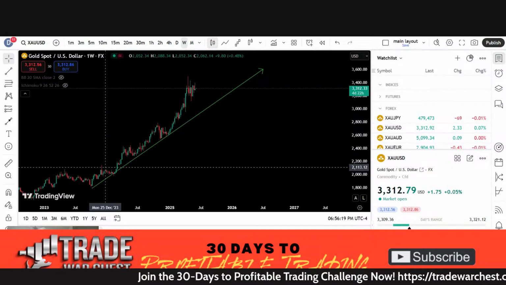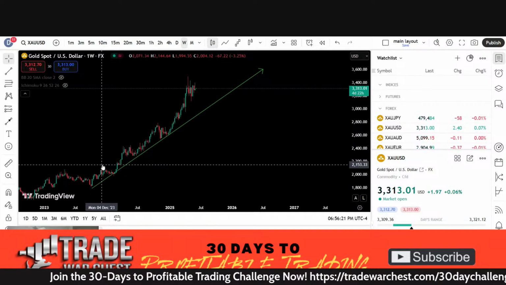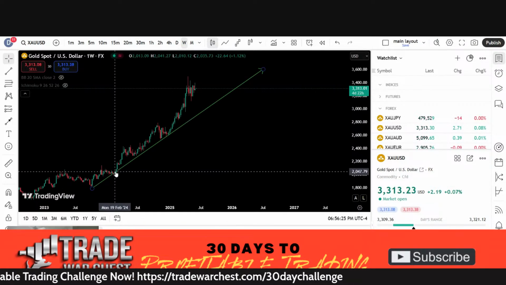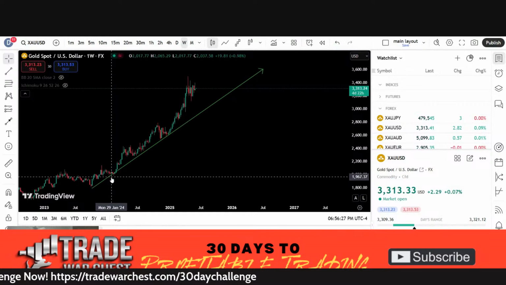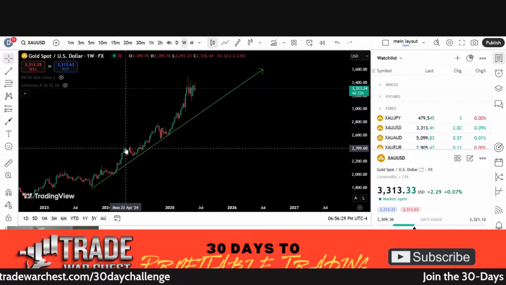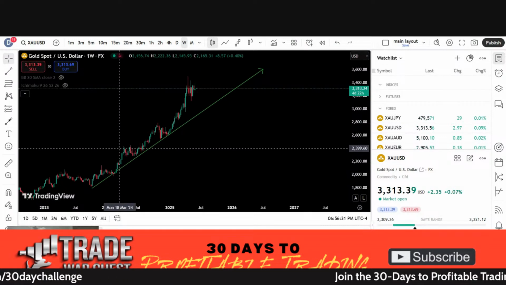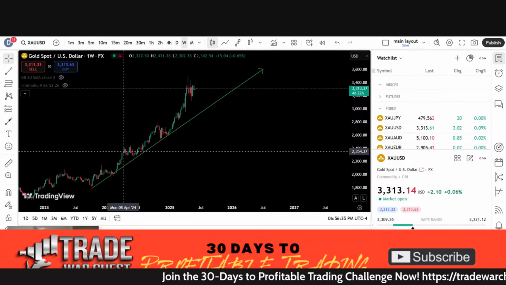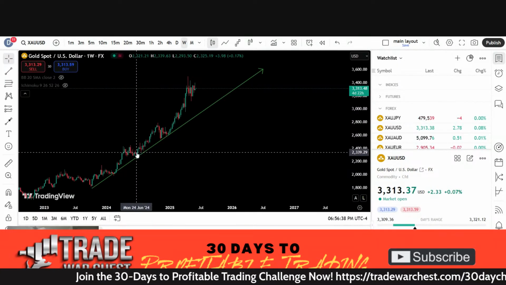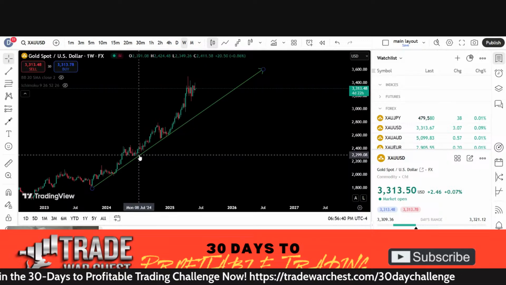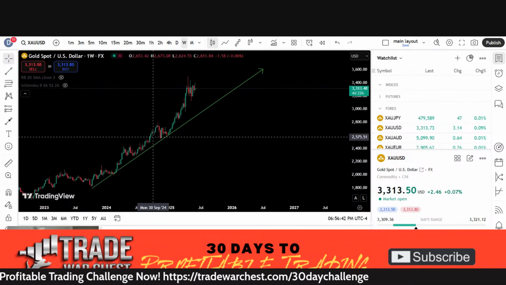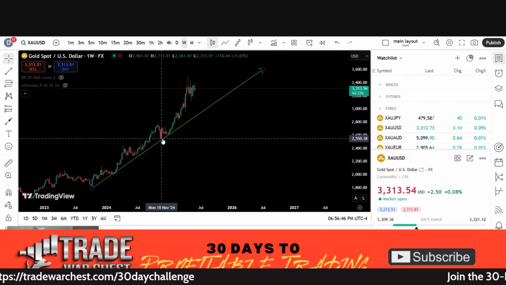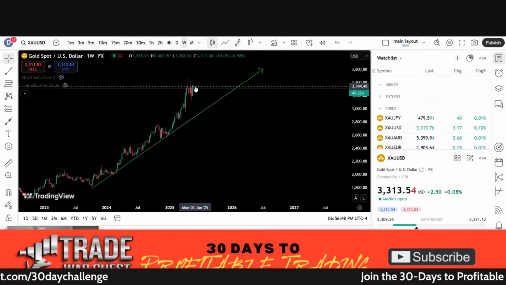The resistance was able to push the price back down to a point where the market found the support, where the buyers were sitting waiting to push price up to the next level. Same thing repeated: it met a little bit of resistance, which slowed down that bullish momentum. Market came down, found support, and used that support to move its way up. It found more resistance, came down, found support, continued its way up.